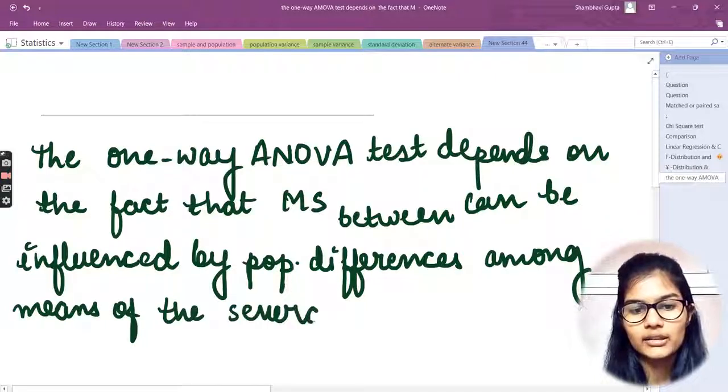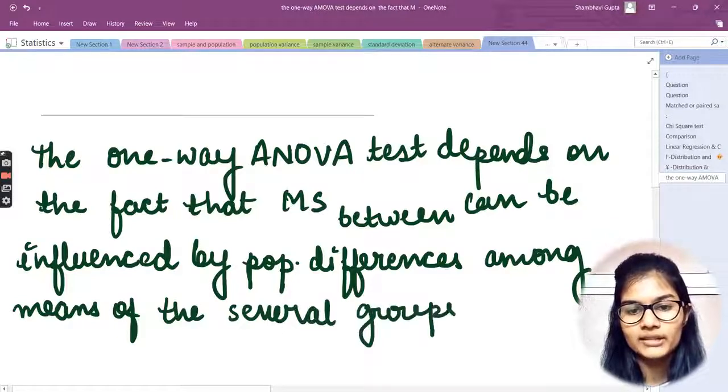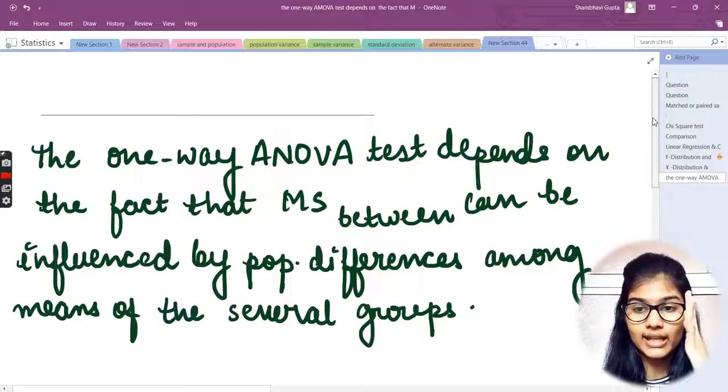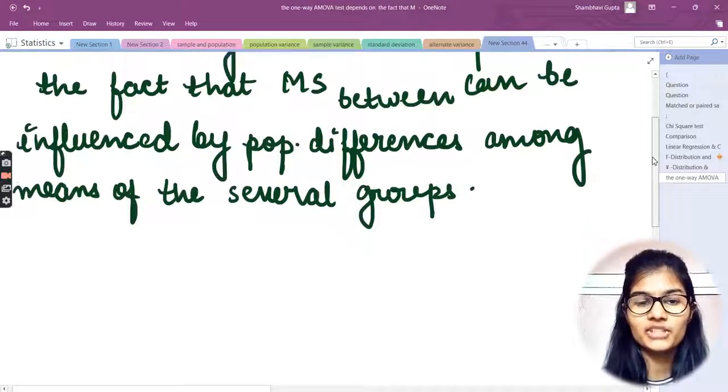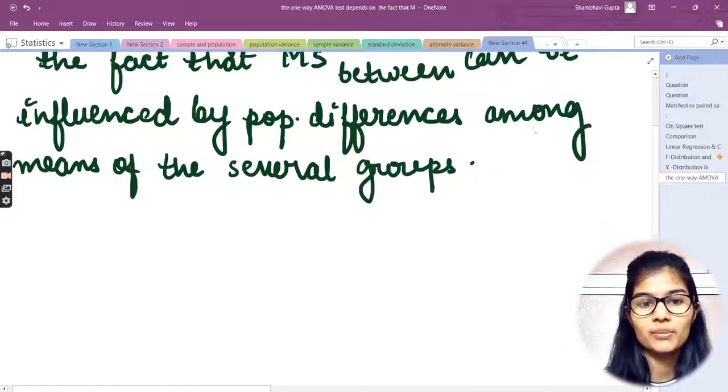I would add that here, among the means of the several groups. So basically the one-way ANOVA test which we have depends on the fact that MS between can be influenced by population differences among means of the several groups.